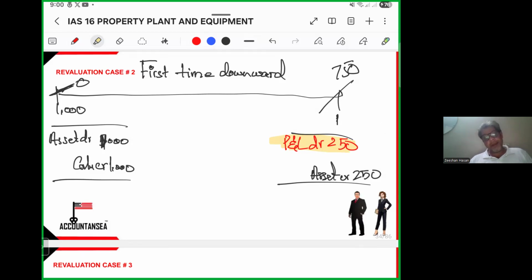The prudence concept says that you cannot recognize a gain as income in the profit and loss account unless you actually realize it. But when you foresee some expenditure, do recognize it as an expense in the income statement immediately. So that's the application which we applied over here. I hope case two is also clear.